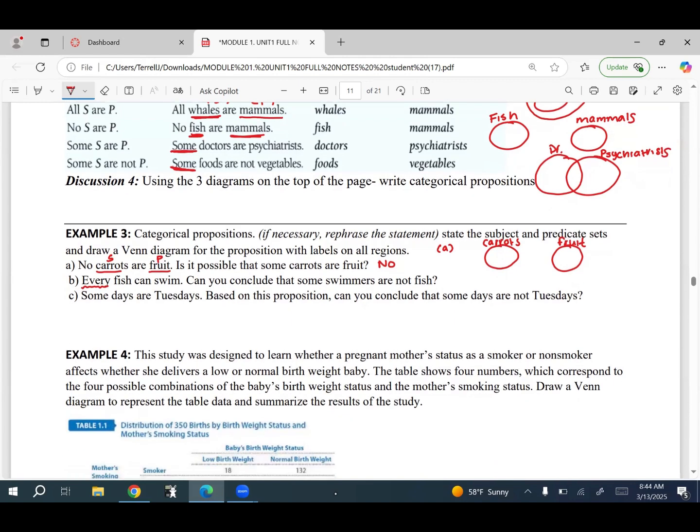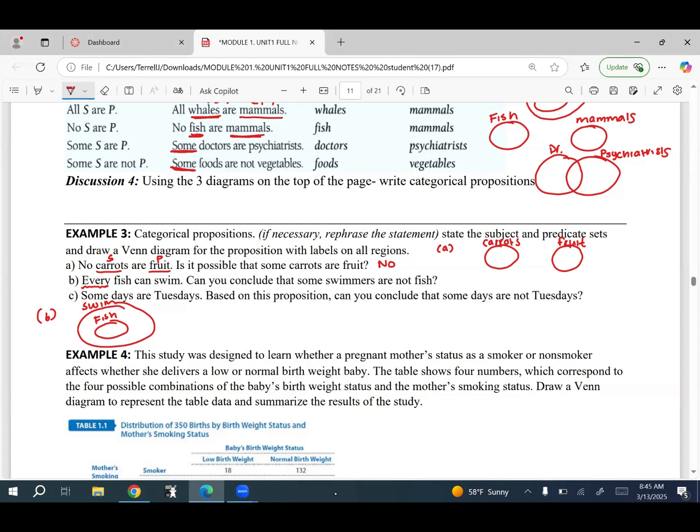So in the same way, every fish can swim, I would put here swim as my larger set, and fish is a subset. You can put swim or swimmers. And so from this, it asks, can you conclude that some swimmers are not fish?